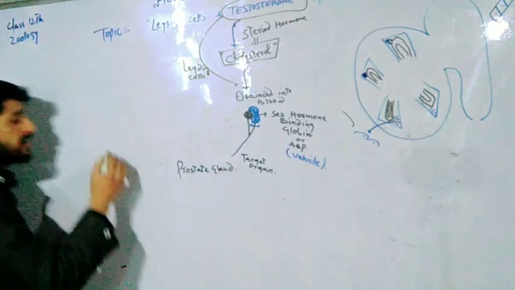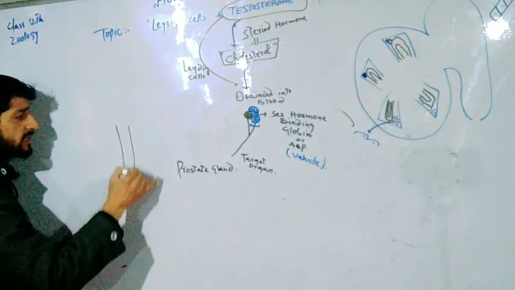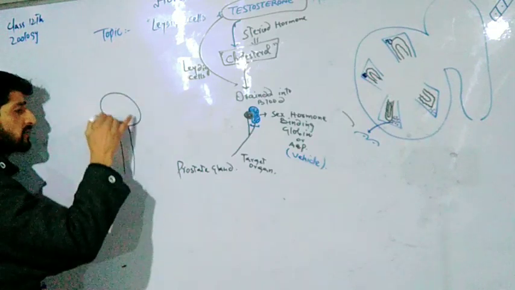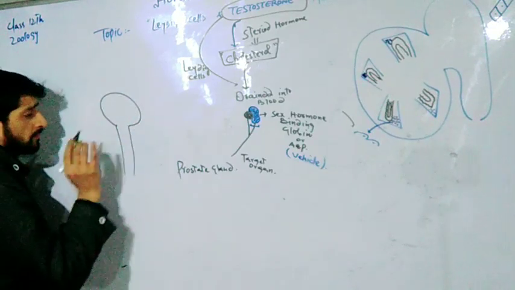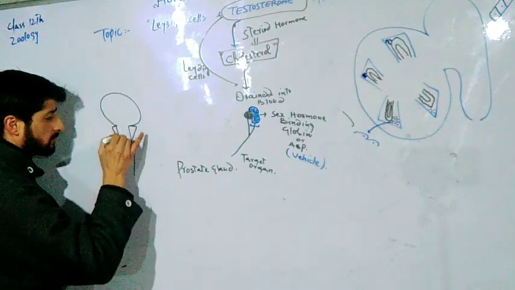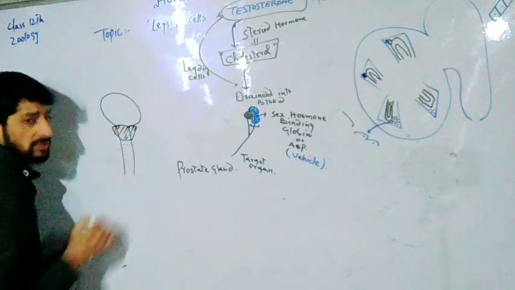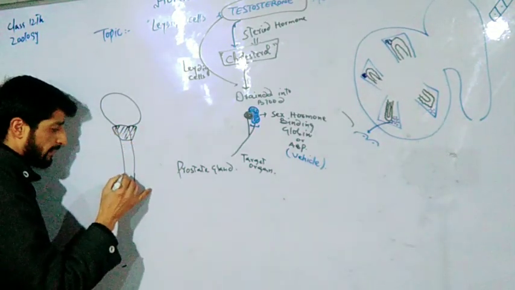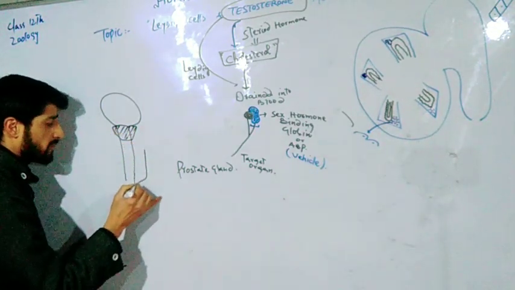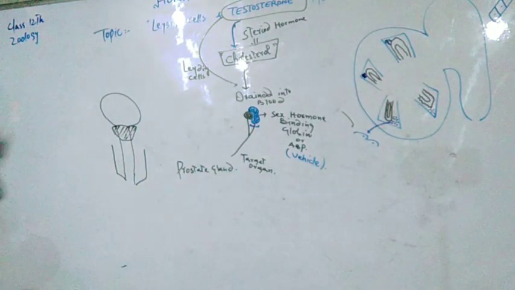You may be aware that if this is the urethra and this is the urinary bladder, here is a special structure known as the prostate gland. Here is the spongy tissue of the penis. We have drawn the human male reproductive system.